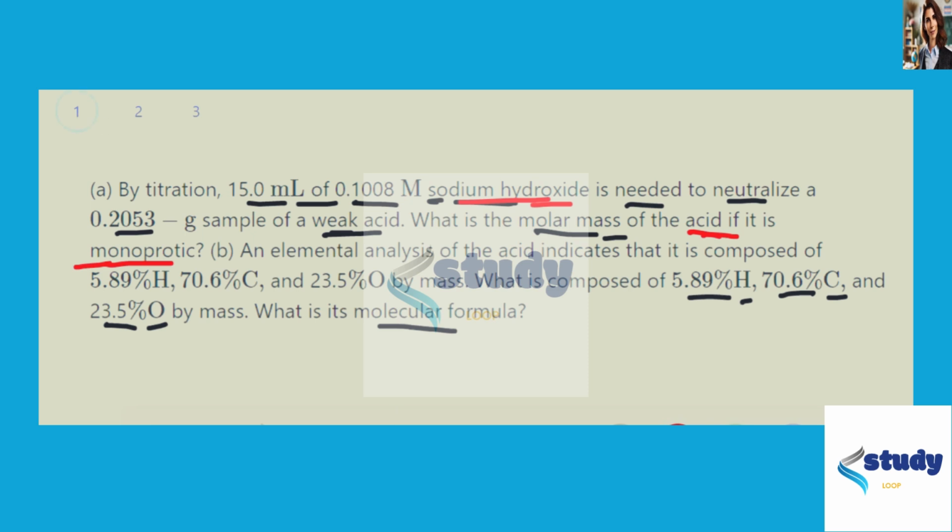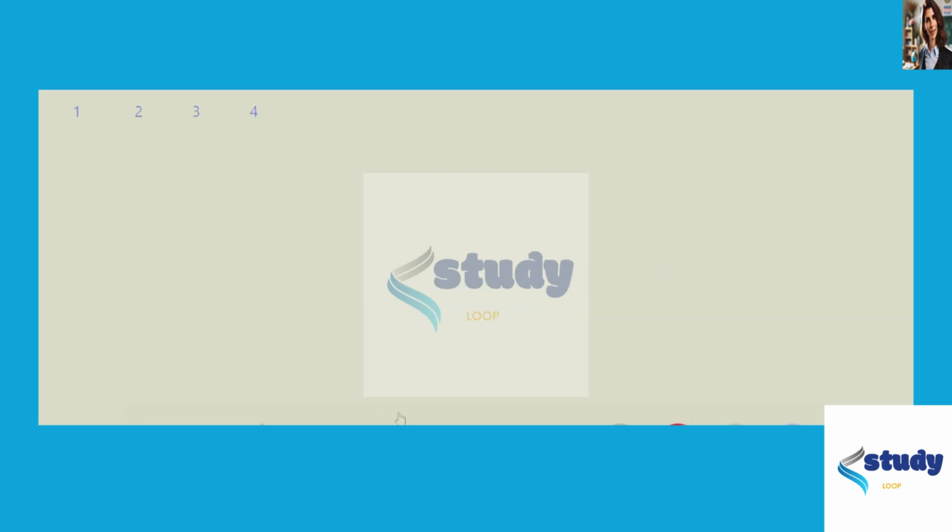Now in part B, what we'll do is first we have to consider each percent mass as mass in gram, and we will divide each mass by their molar masses to find out the number of moles of each entity here. So first we'll find out the number of mole of hydrogen, considering the percent mass of hydrogen as its mass in gram.